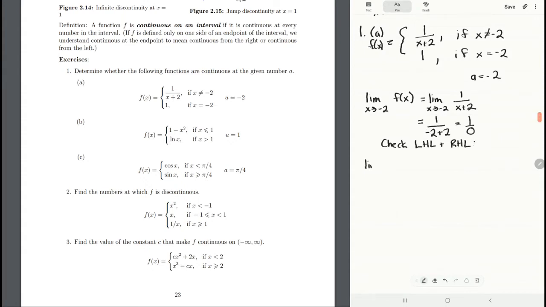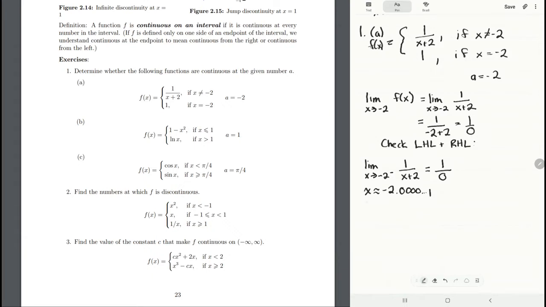Let's have a look at taking the limit as x approaches negative 2 from the left. If we let x go to negative 2 from the left, we end up with 1 over 0. Since we're approaching from the left of negative 2, we can think of x as being a value that is slightly smaller than negative 2, for example negative 2.0001.